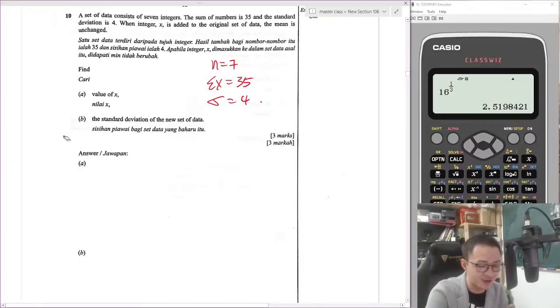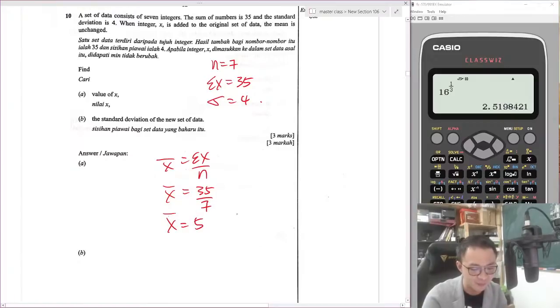Alright, let's find x first. I know mean is sum of x over n. Sum of x is 35, n is 7, my mean is 5. So my mean will remain unchanged, so my new mean is still 5.